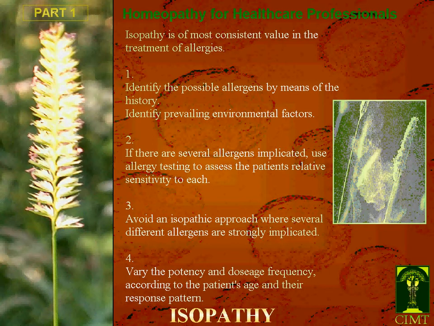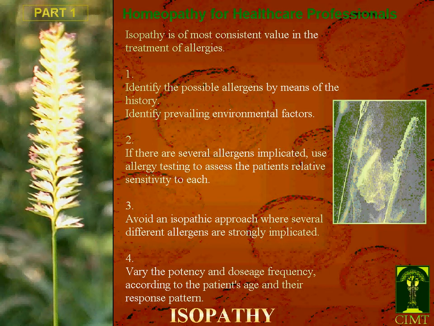You identify the prevailing environmental factors which modify or set symptoms off. And if there are several things that the patient might be allergic to, then you may go on to do some allergy testing, some prick skin testing. Maybe you take a blood sample and look for specific IgE, or other serological examinations for allergy.